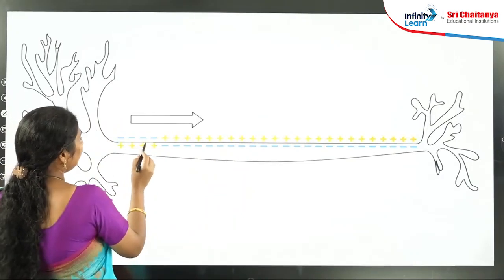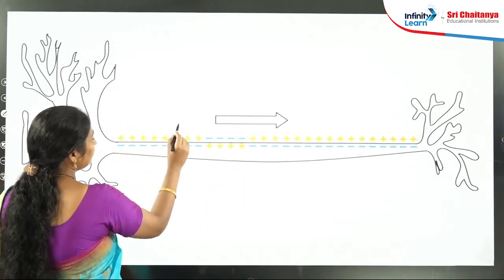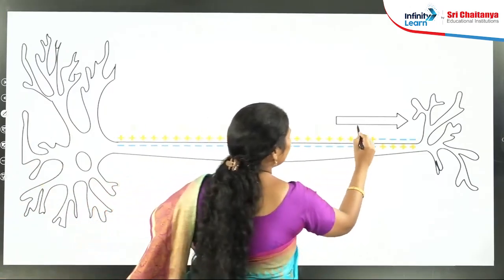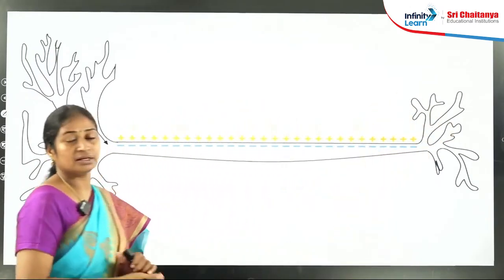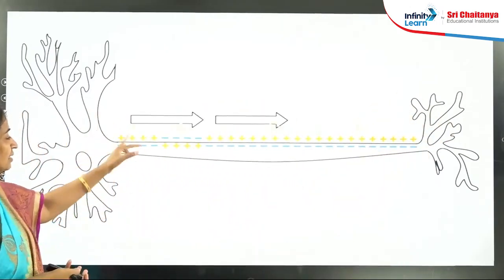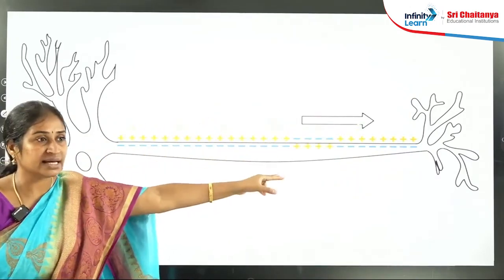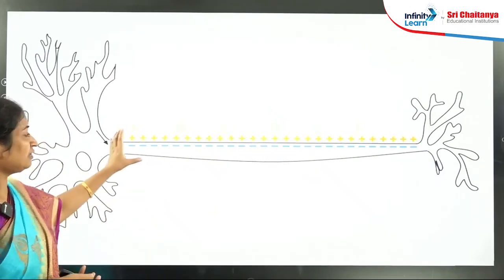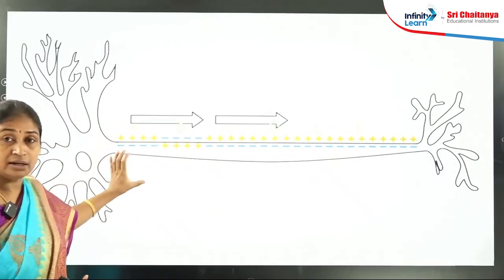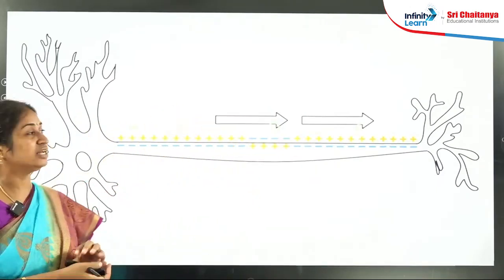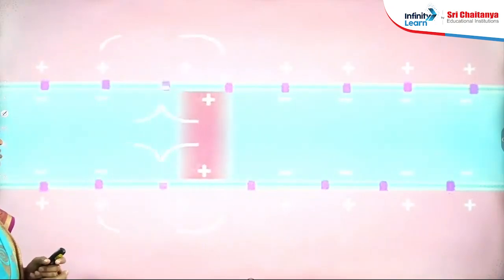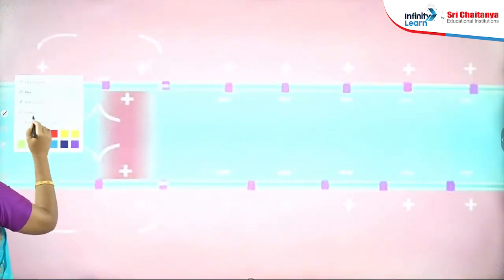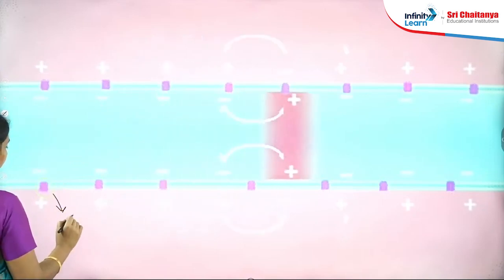For example, imagine this is A side, next B side, next C, D, E, F, and further. Like that the action potential passes from one side to another, and the previous sides automatically become polarized, ready to take the next stimulus. What are these dots here? These are channels.